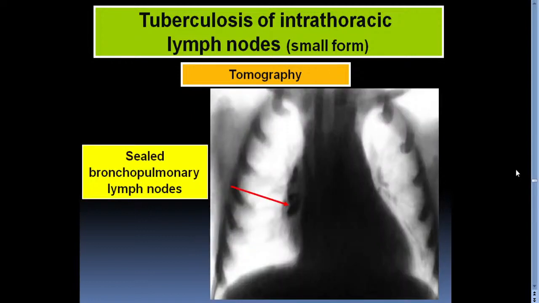On this tomography, we can see sealed bronchopulmonary lymph nodes. Lymph nodes are very, very dense. This is tomography through lung roots also.